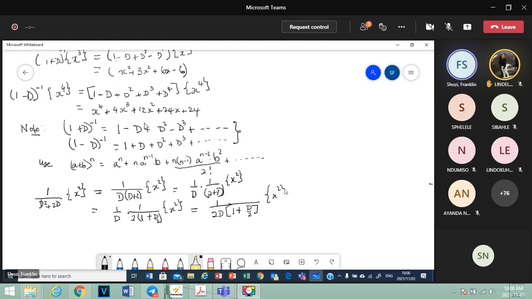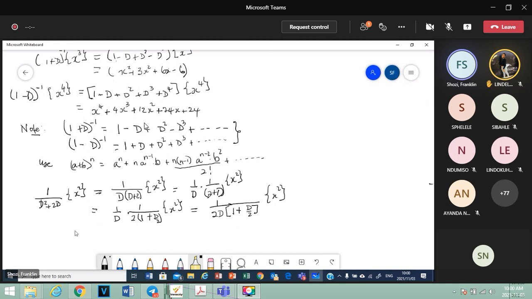Now, do you see this d over 2? It is this big D. So I know this expansion, 1 plus d over 2. It is that expansion. It's 1 plus, just that my d is d over 2 here.